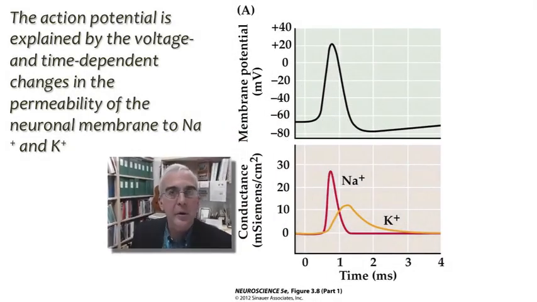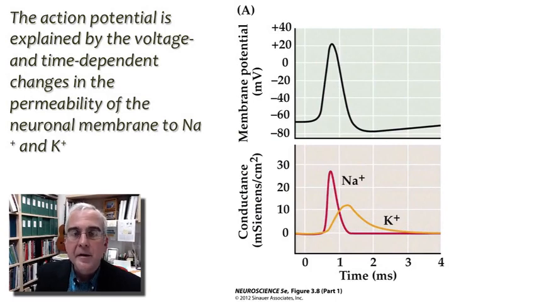Okay, I think we're ready to put all this together now and have a computational model that explains the action potential. So what we have here is a precise alignment of the voltage and time-dependent changes in sodium and potassium conductance relative to the action potential.